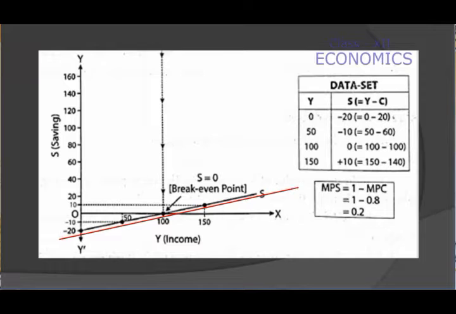So students, the S curve can also be explained as the slope of the S line. The slope indicates the relation between S and Y; we can see that the changes happening in the income bring changes in the saving.